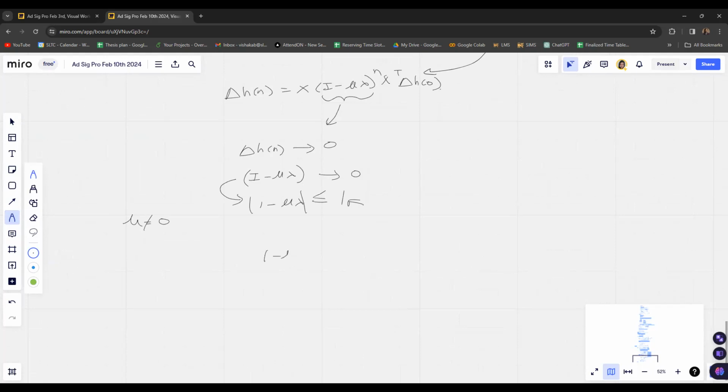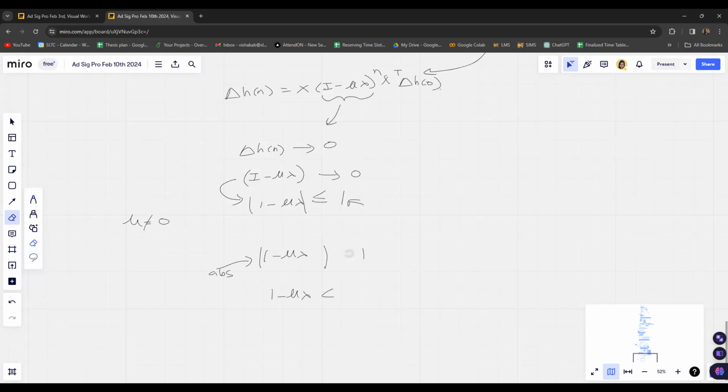So 1 minus mu lambda should be between 1 and minus 1, and in here this is the absolute value of 1 minus mu lambda. So by solving this equation, you can find the maximum and minimum points of the mu value.